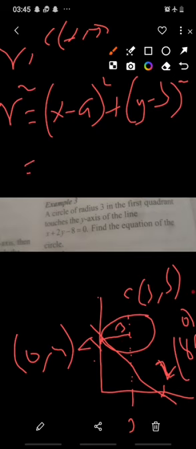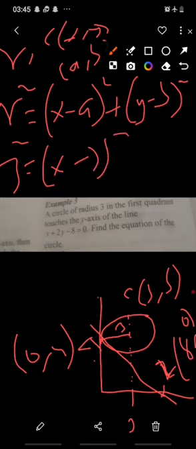Here we know r is 3 squared, and our center is (a, b). Because we have a to be 3 and b the y coordinate to be 4, we get (x - 3) squared plus (y - 4) squared.